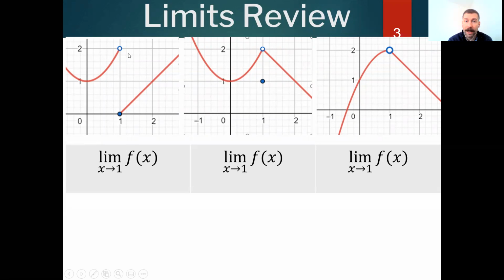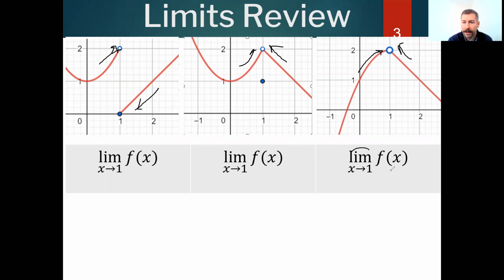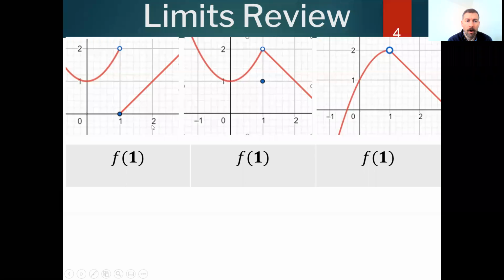Limits, where I'm actually looking at left versus right, and I don't care about the circles, because we're approaching. Whereas these next values, we are only looking at the circles themselves. And that's the difference between those two.